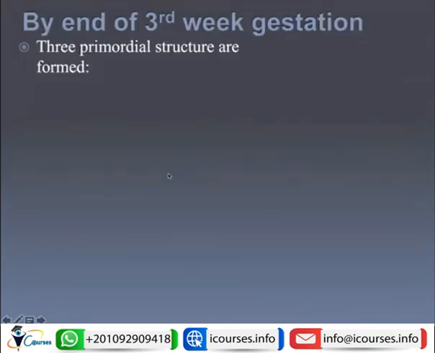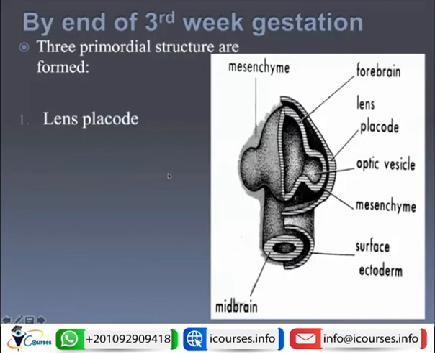By the end of the third week of gestation, we have three primordial structures. We have the lens placode, as you can see here. This is the forebrain, and this is the outpouch from the neural tube, forming the primary optic vesicle that grows to touch the surface ectoderm, and this touch will form the lens placode.